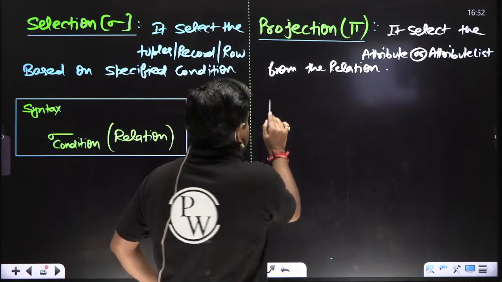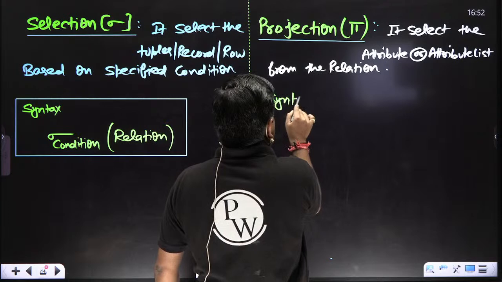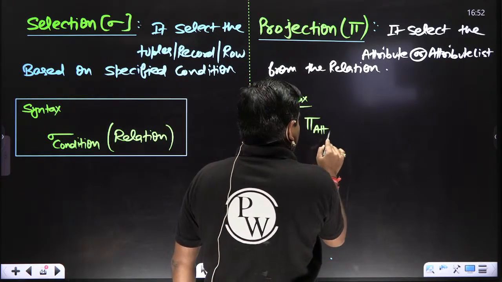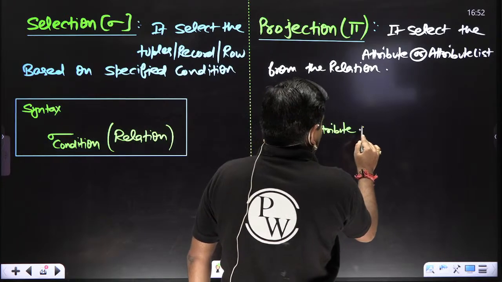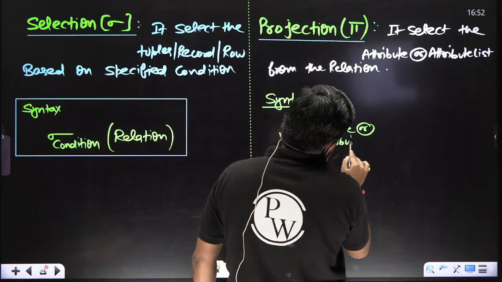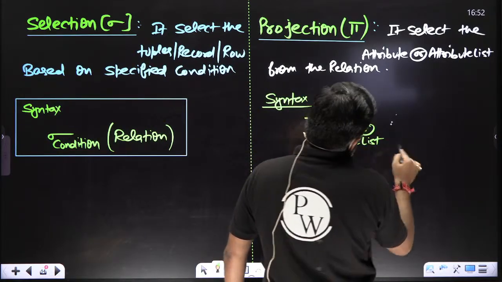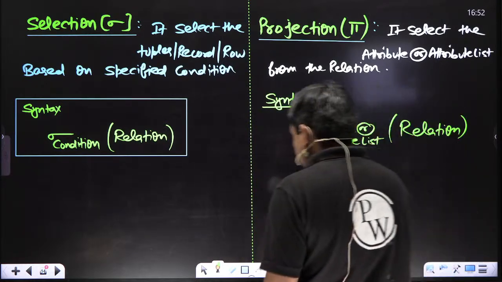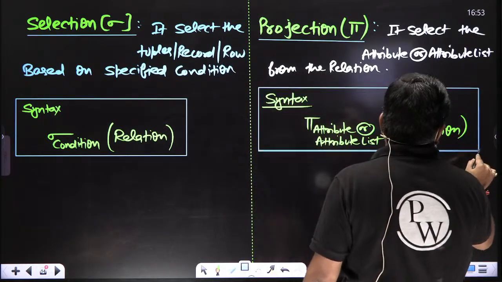And what is the syntax for projection? Pi attribute or attribute list from relation. Here no condition is applied, children.